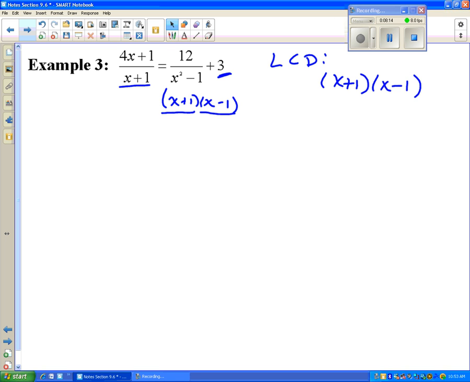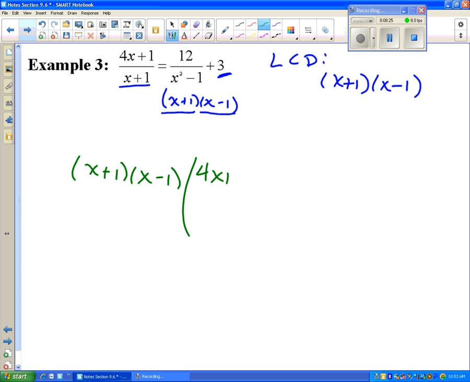Again, I'm going to multiply the left side by x plus 1 times x minus 1, and multiply that by 4x plus 1 over x plus 1. Rewrite that: 4x plus 1 over x plus 1.